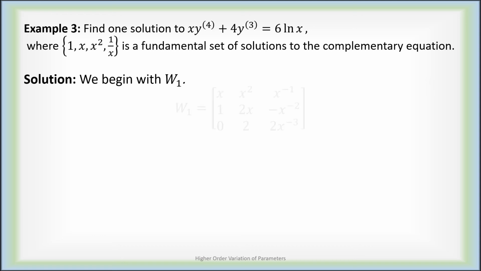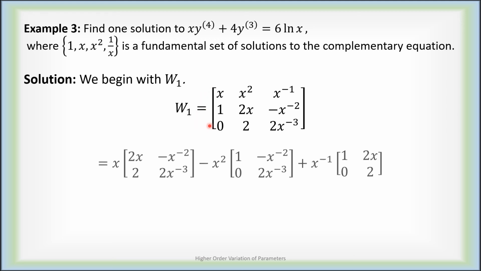So let's compute W1. If you refer back to the matrix of the fundamental set and all of its derivatives, you construct W1. You can also construct W1 directly by saying remove the first element. So remove 1 from our fundamental set, leaving just x, x squared, 1 over x, and construct a 3 by 3 matrix by taking those, their derivatives, and second derivatives.